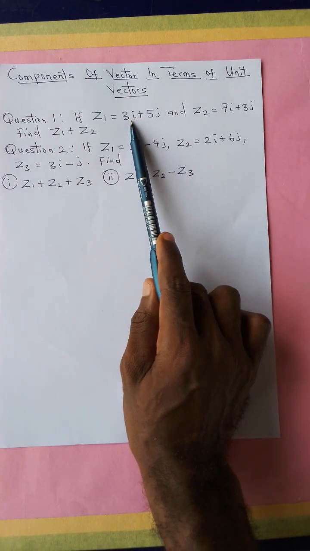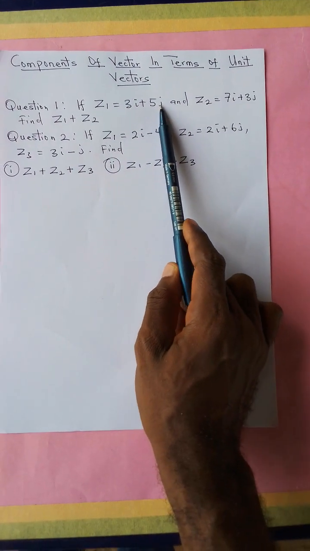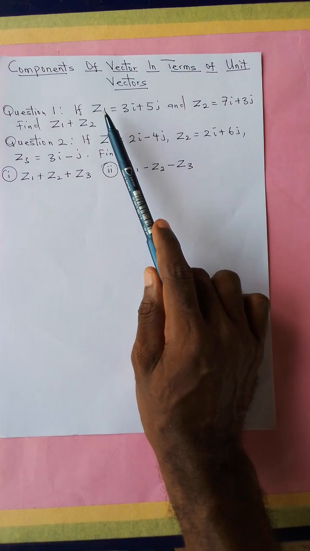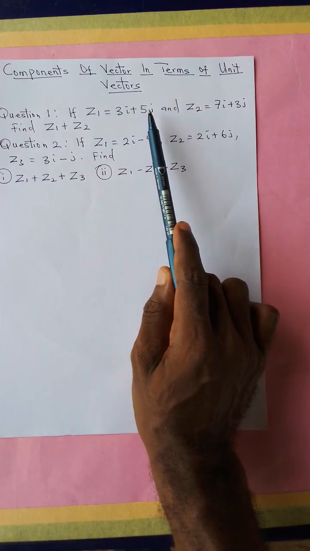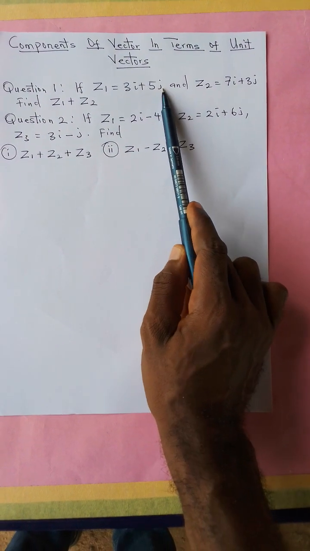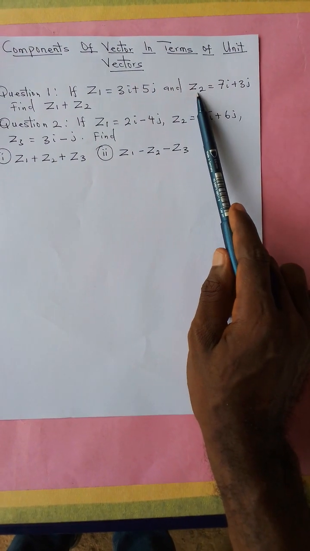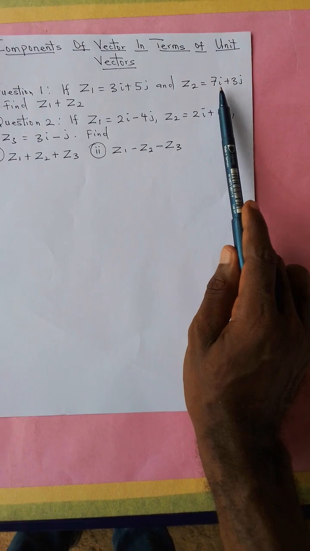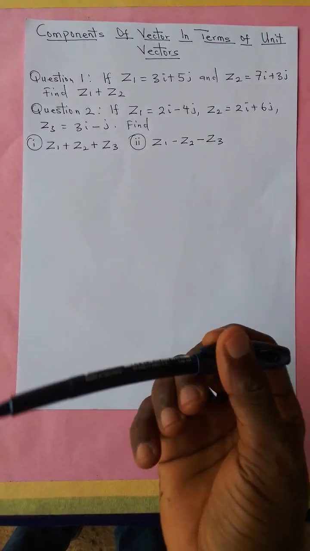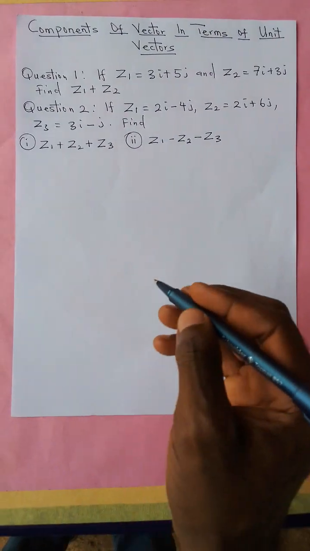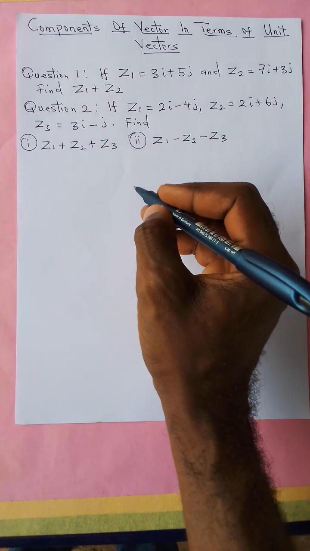So i is a unit vector and j is a unit vector. In Z1, we have unit vector i and unit vector j. Now we come to Z2, we have unit vector i and unit vector j. So it's a very simple and straightforward question for us to solve.